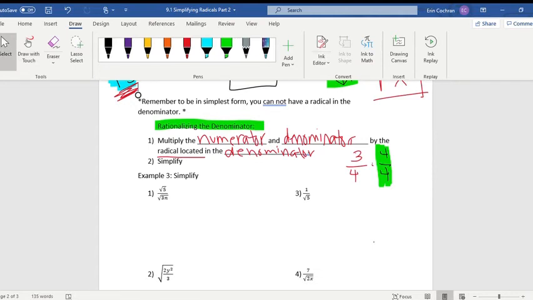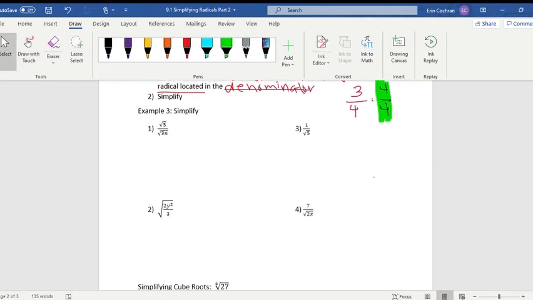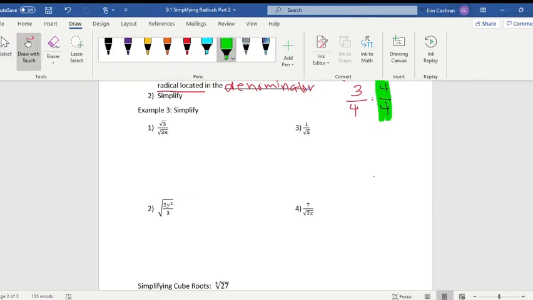So as I look at radical 5 over radical 3n, 3n is not a perfect square, okay? And we can't have a radical in the denominator, okay? So this is where we rationalize. So we are going to multiply the numerator and the denominator by the radical in the denominator, okay?